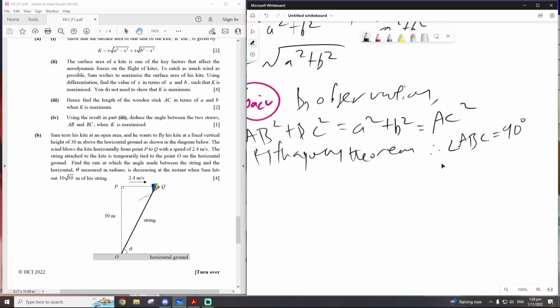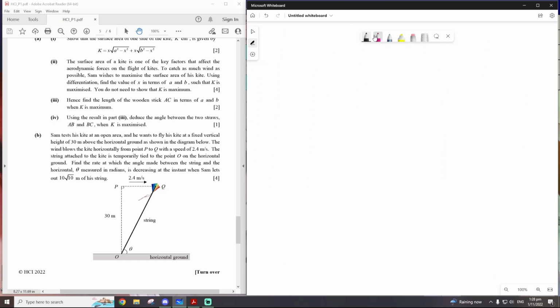Part B is the connected rates of change. Okay. So there's a lot of context for this question, of course, but the crux of it is that we want to find the rate of change of theta. So if you use a bit of trigo, you will realize that, okay, let me define this.